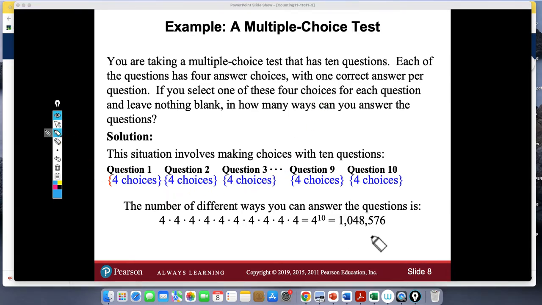Since there are 1 million total, there's only going to be one way of getting 100%, if you choose the 10 correct answers, right? So there's one correct. So I have a 1 out of a million chance of getting 100% on this if I just randomly guessed. Okay. So if I got 100%, I either studied or my neighbor studied and I copied off of them.